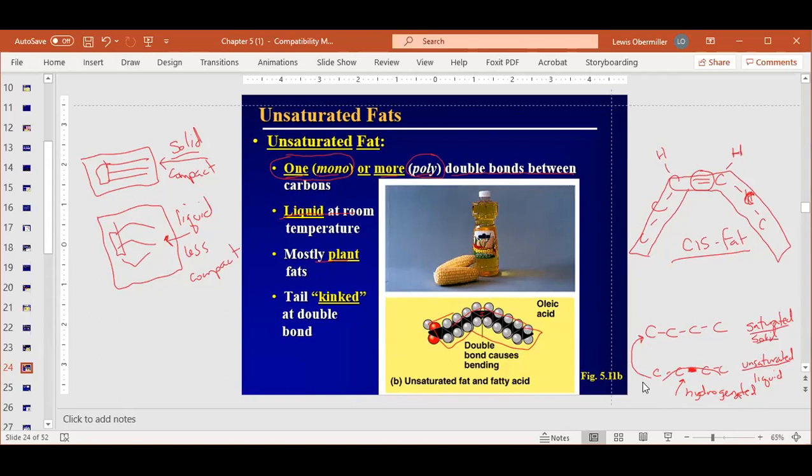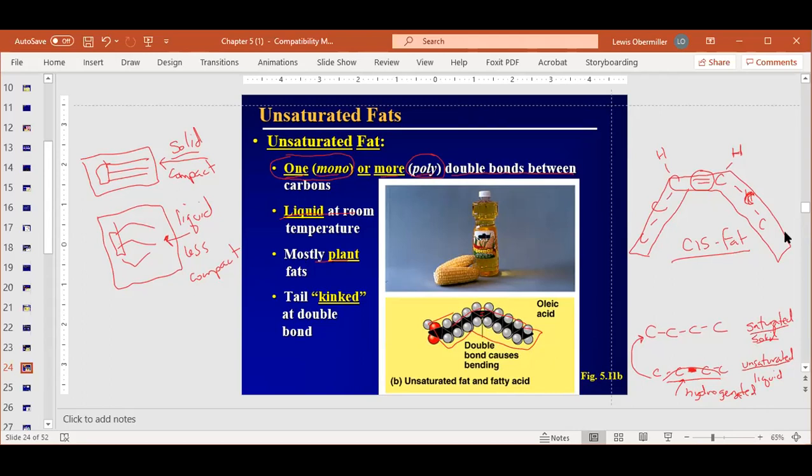So they can put that in your ice cream, or they can turn vegetable oil into margarine, right? Because that's made out of vegetable oil, whereas butter would be made out of animal fat. And that's why a lot of people are saying, well, butter is better for you because it's more natural. This is artificial. They're taking liquid and making it solid.